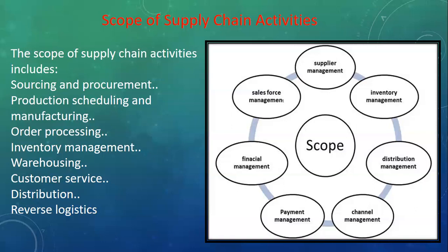So now production, scheduling, and manufacturing. Once this process has been done and you start getting orders from the customer, as per the order you need to make ready goods for delivery. So this comes under the production and manufacturing process. Now these goods are ready and the order needs to be processed.